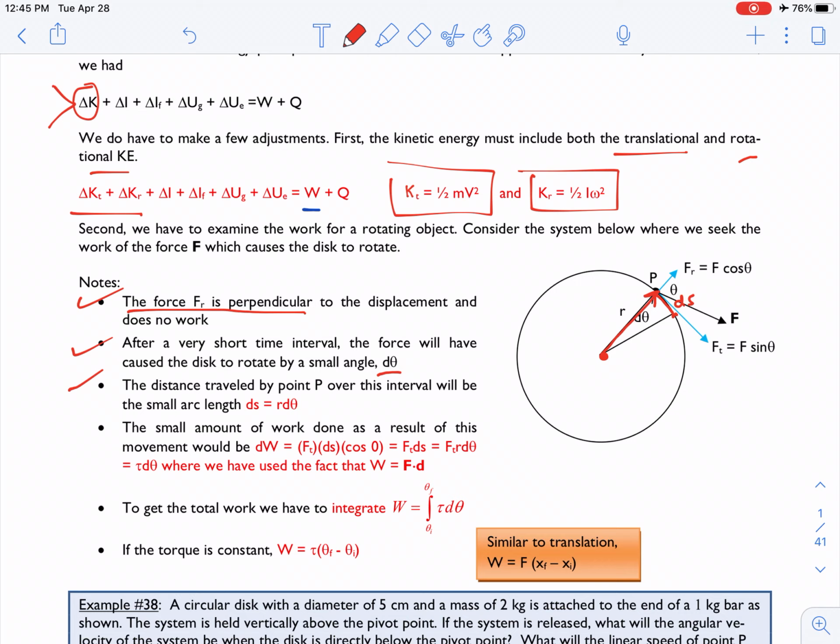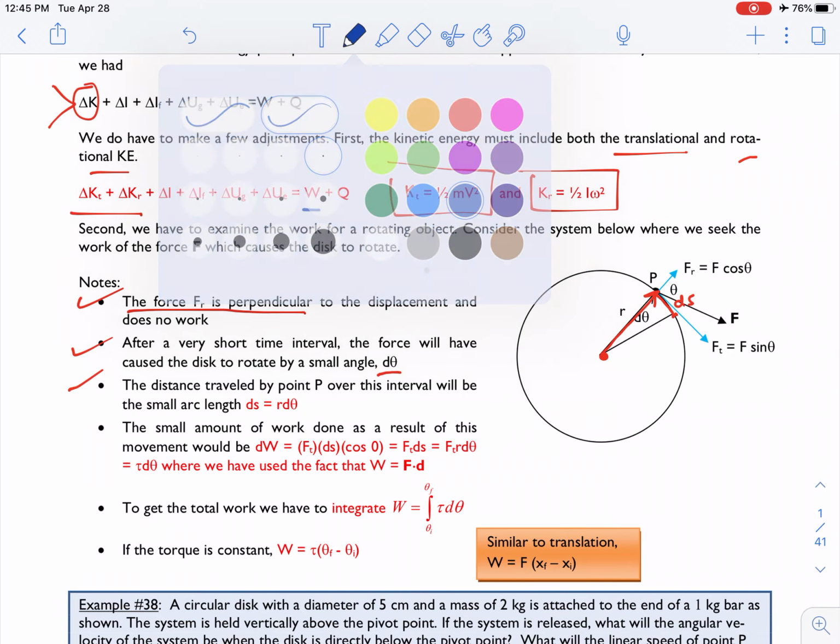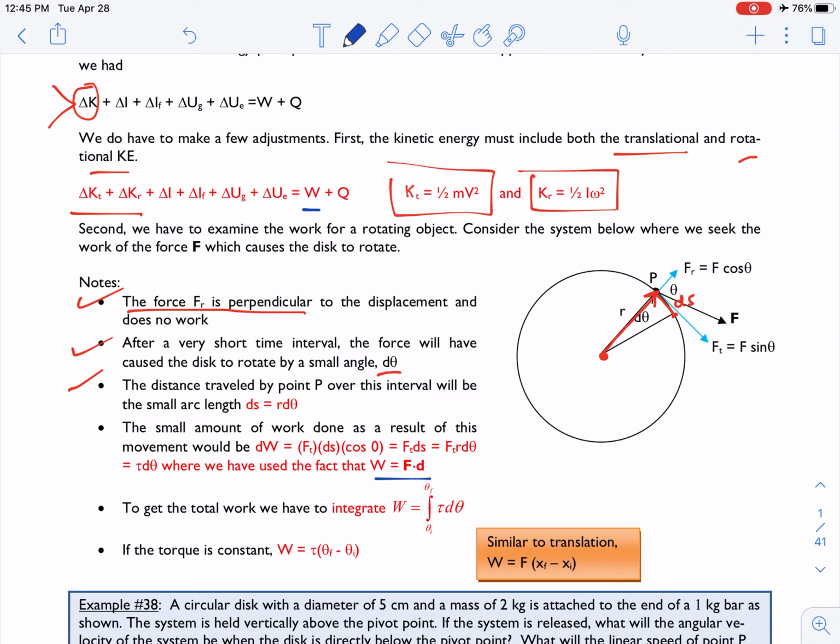And just like we know before, assuming this force is constant, we use work done equals F dot D. This is our equation to use. We already know that FR does not do work, so due to FR, work is 0, and we're focusing on the tangential component. So F dot D becomes F D cosine theta.